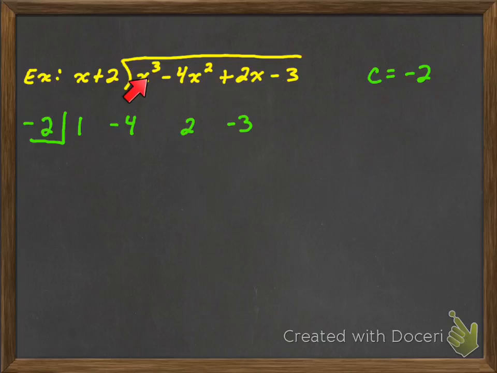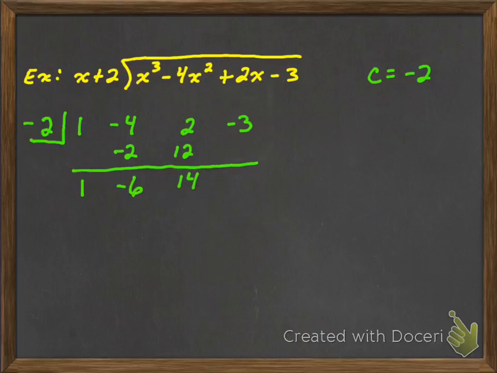All the descending powers were here, so we did not need any placeholders. Bring the first number down, so you got 1. Multiply these together, it's -2. Add these two together, it's -6. Multiply these, which is 12. And we add, which is 14.